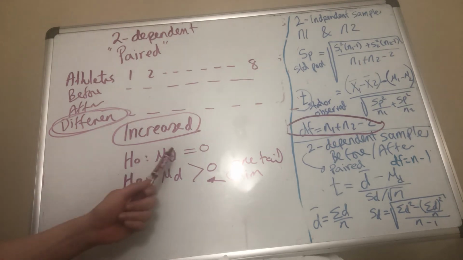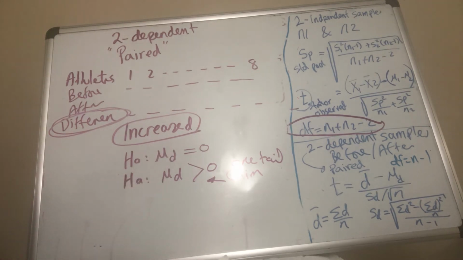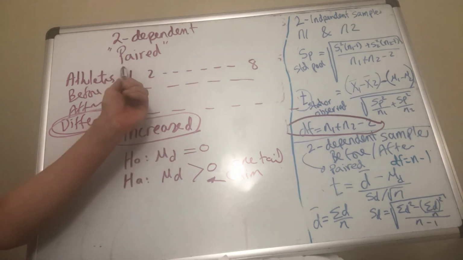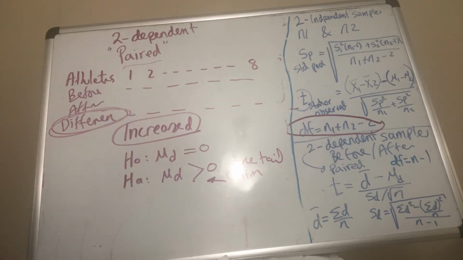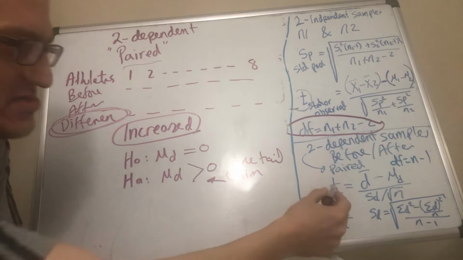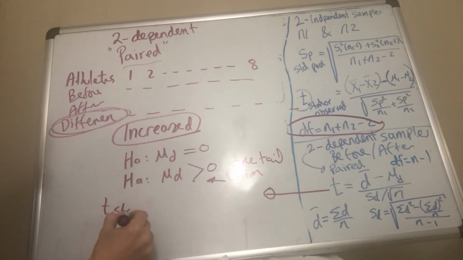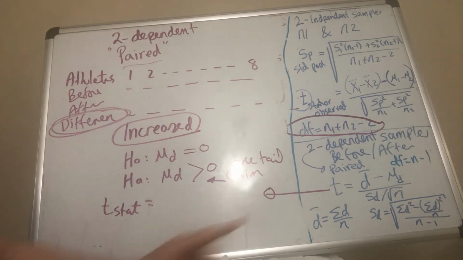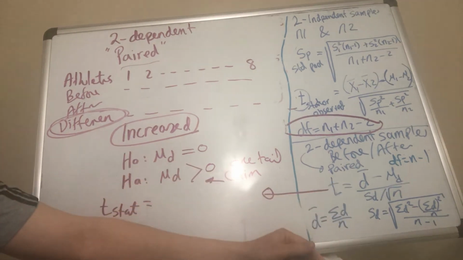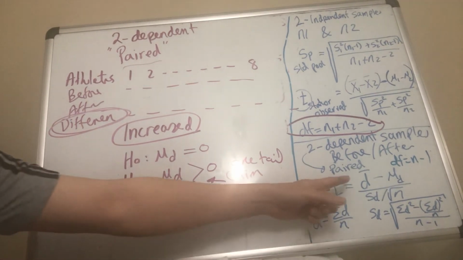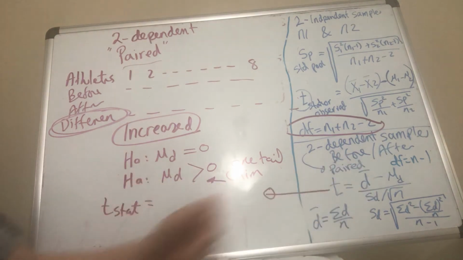After doing the null hypothesis and the alternative, they ask you which of the following is an appropriate test. It's a paired test. What's your observed statistic? This is your T observed or T stat. If you look at this formula, they want D bar. And what is D bar? D bar is the mean of the difference.